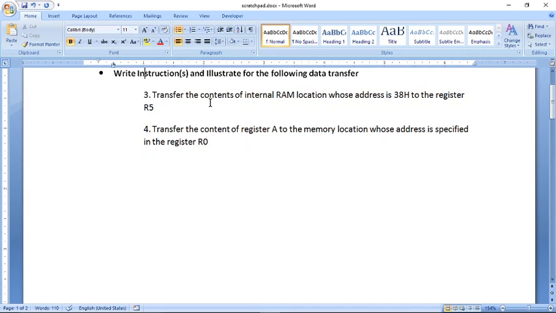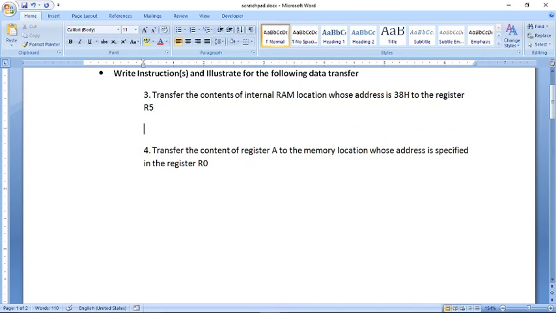So what is being asked is to transfer the contents of the internal RAM memory location, whose address is given as 38H, to the register R5. We are asked to write the instruction for this operation.